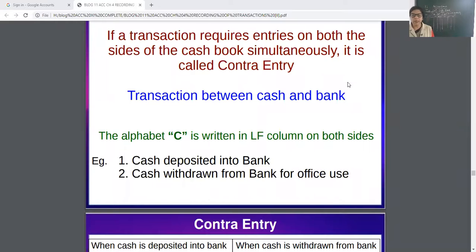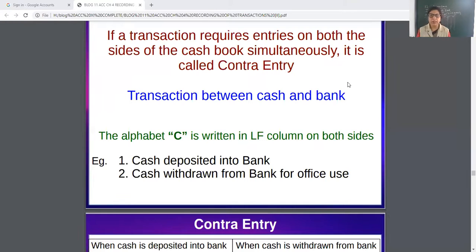C is written in the LF column on both the sides. And there are only 2 examples for contra entry: cash deposit into bank and cash withdrawn from bank for office use. Please note down what is contra entry.